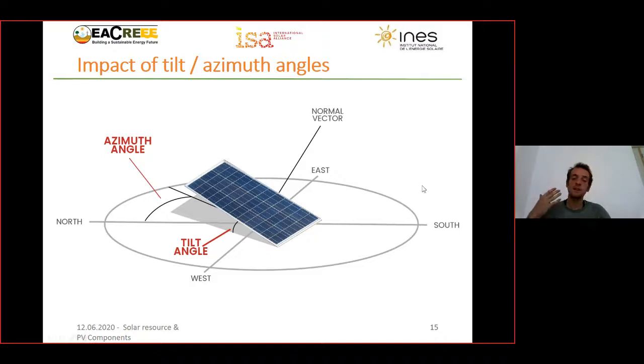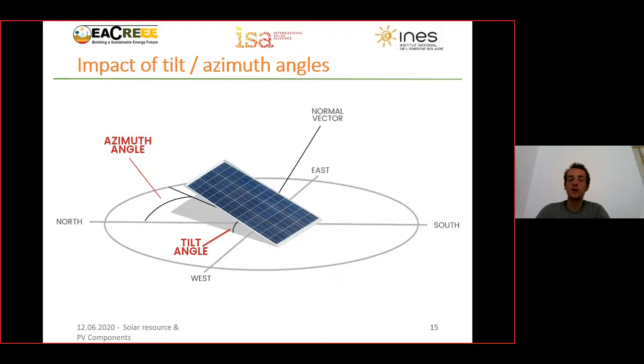And of course, tilt angle is also very important, because as you change the tilt angle, you will face more or less the sun, so you will be able to collect more or less energy. Of course, the best tilt angle you can choose depends only on the latitude of your site.